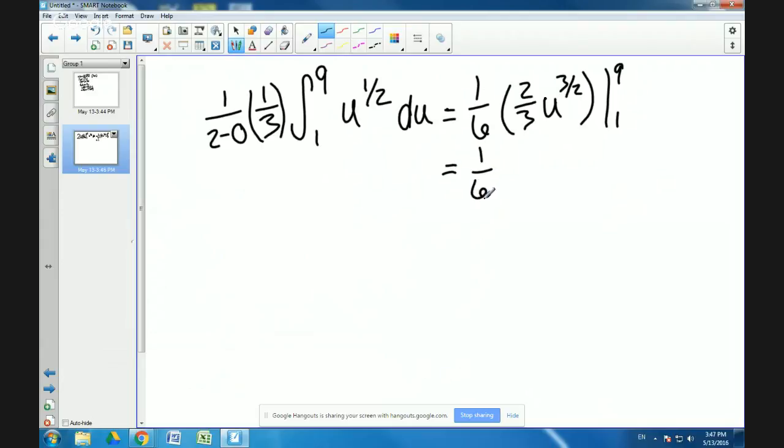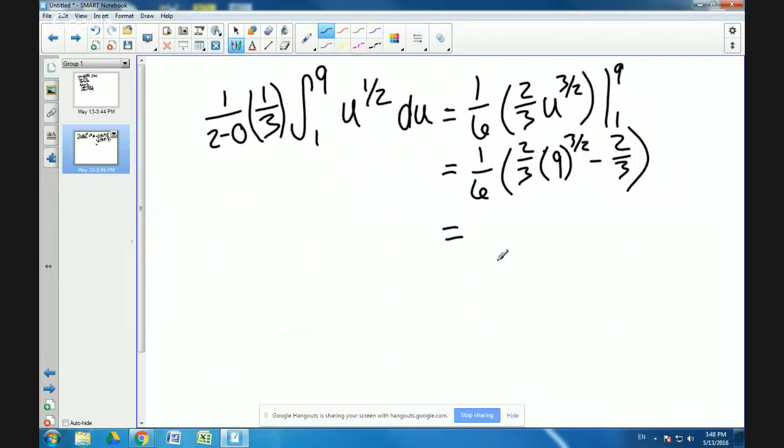You've got 1 over 6 times 2/3 times 9 to the 3/2 minus 2/3. Because if you just plug in 1, you get 1 to the 3/2, which is basically 1, and then you have the 2/3 in front.